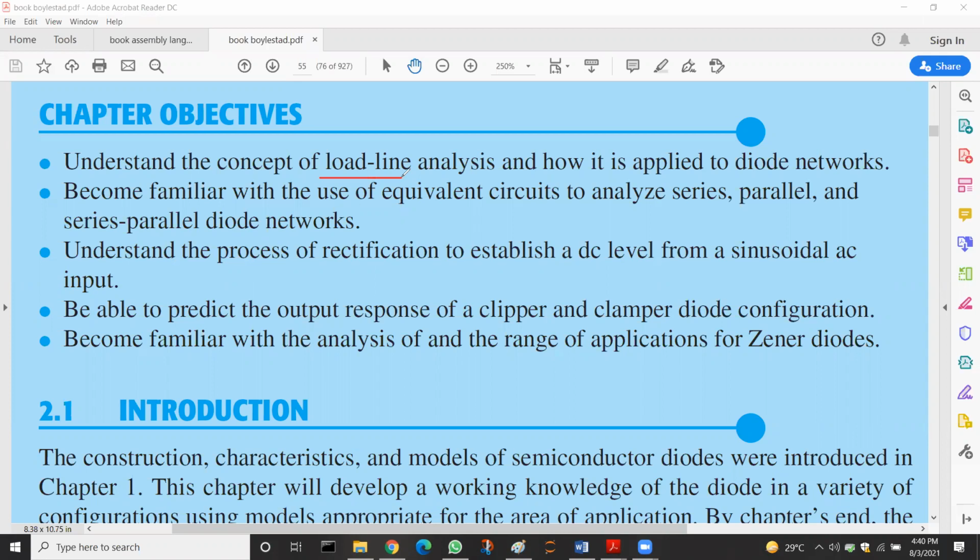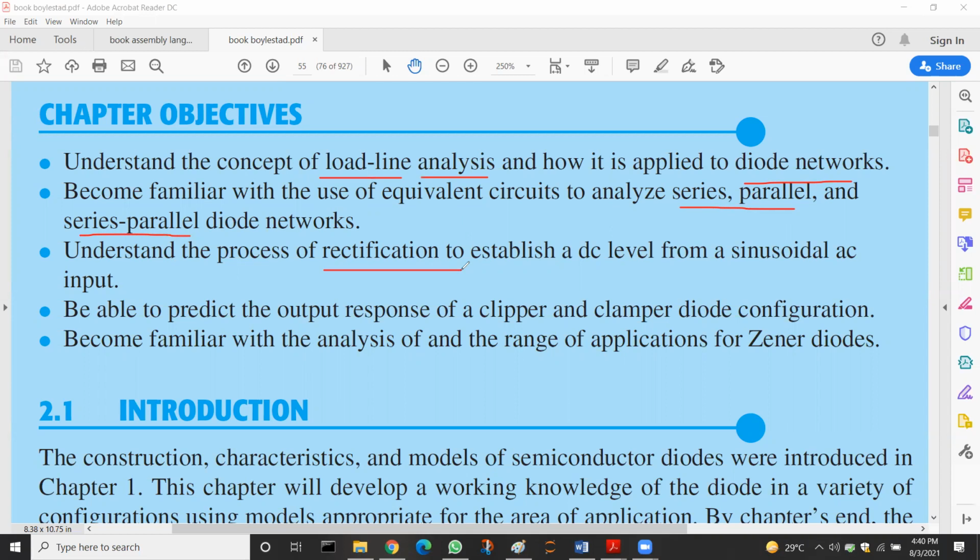And its load line analysis applies to the diode networks. Then we familiarize ourselves with series, parallel, and combinations of series and parallel diode networks, because it is important to know how those circuits actually work and what their applications are. Also, an important application of the diode is rectification, its use as a rectifier.